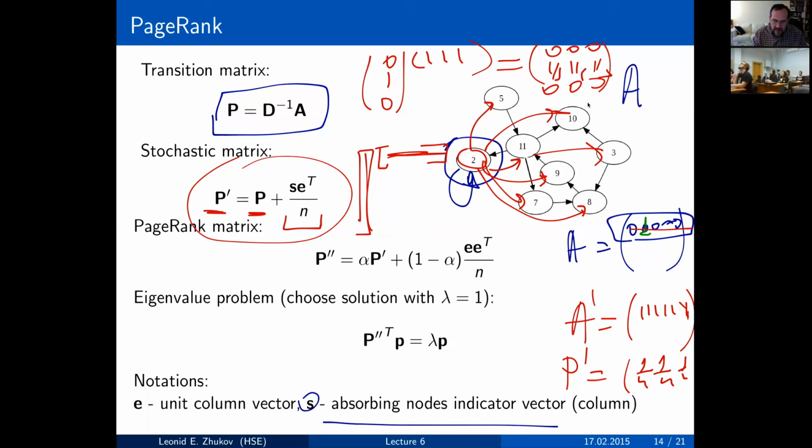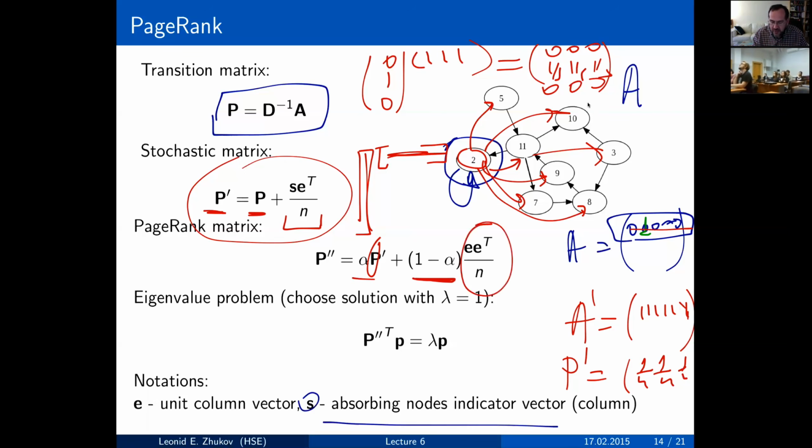And then I'll create a PageRank matrix out of it, sometimes called the Google matrix, where I take this matrix and now add a random transition from every node to every node, with a smaller probability.